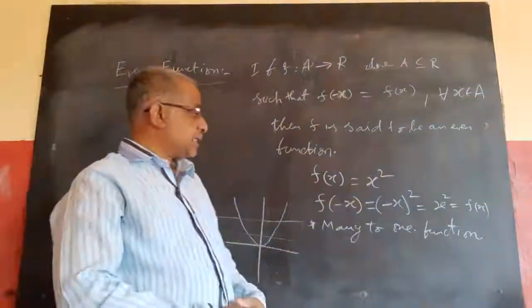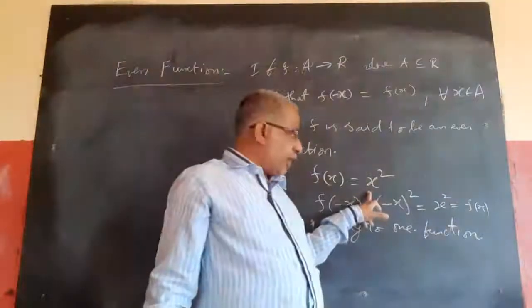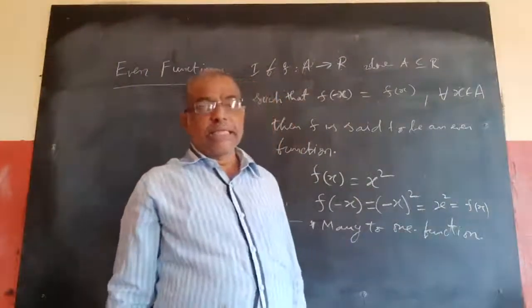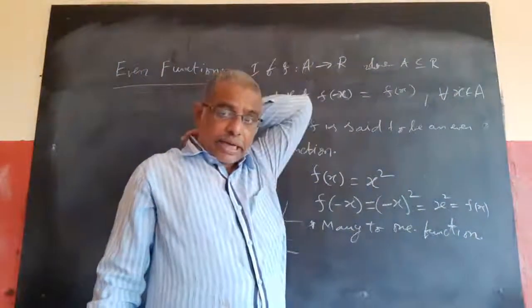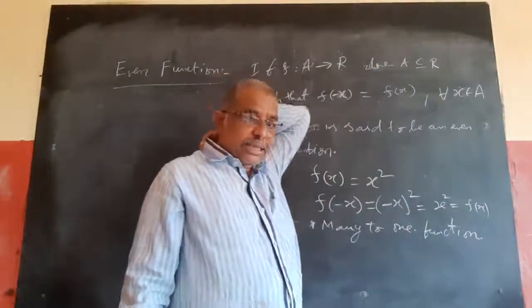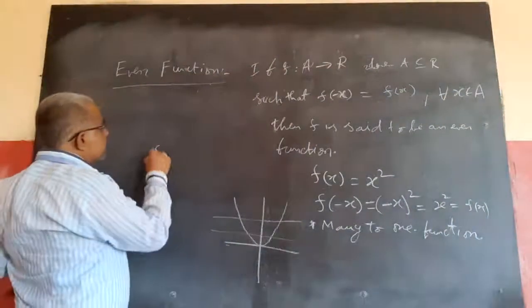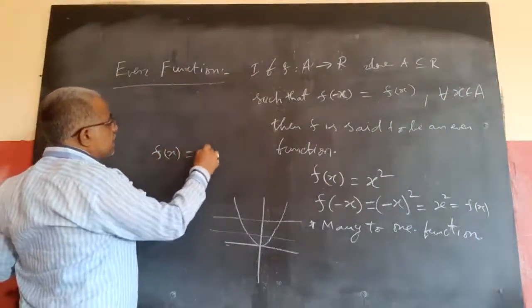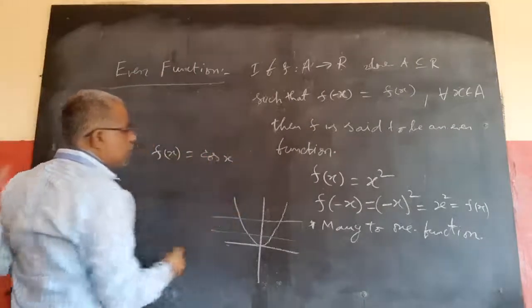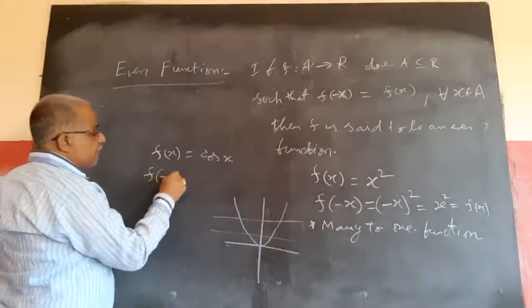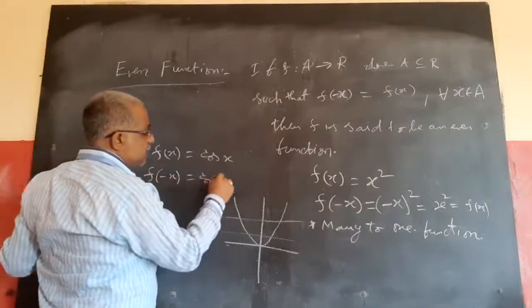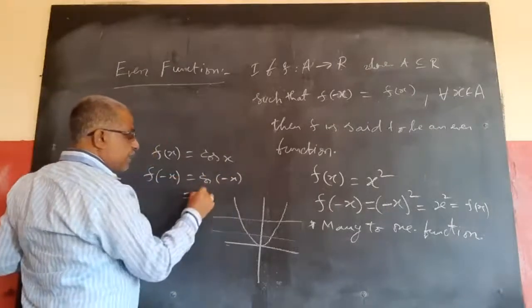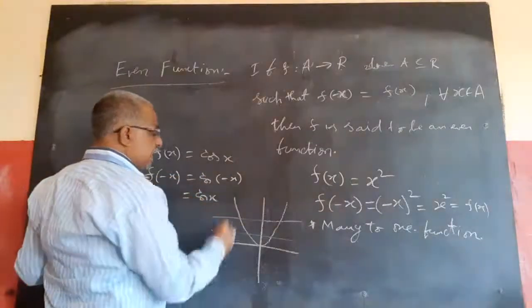Here f of x equal to x square is a polynomial, is non-periodic, but if I take f of x equal to cos x, what about f of minus x? F of minus x is cos of minus x. Cos of minus theta is plus cos theta only, cos x only.